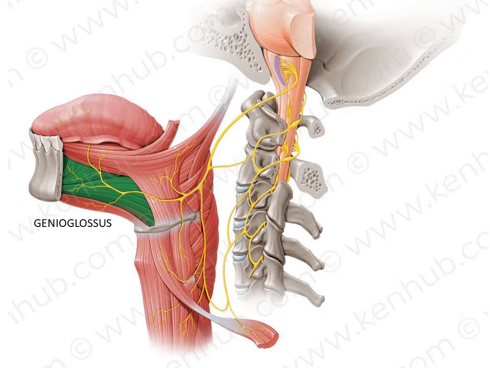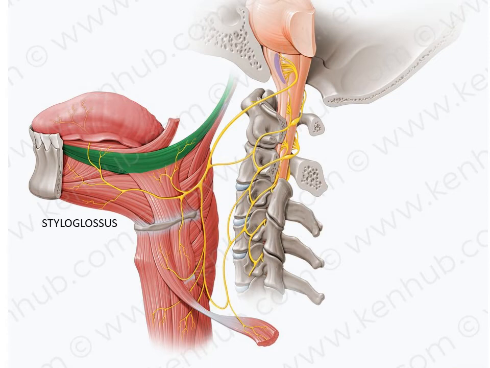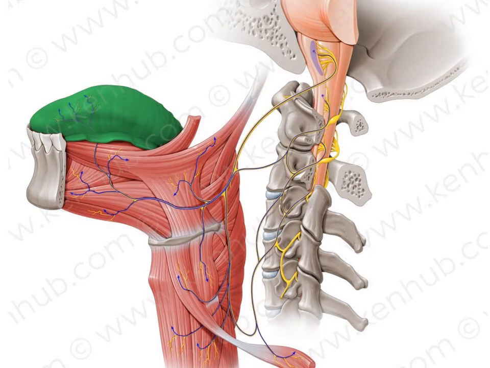One by one, we see that the hypoglossal nerve comes out from the hypoglossal nucleus, travels its course, and reaches the genioglossus muscle, then the hyoglossus muscle, and the styloglossus muscle. These three are extrinsic muscles of the tongue. Only palatoglossus remains, which is supplied by the vagus nerve.